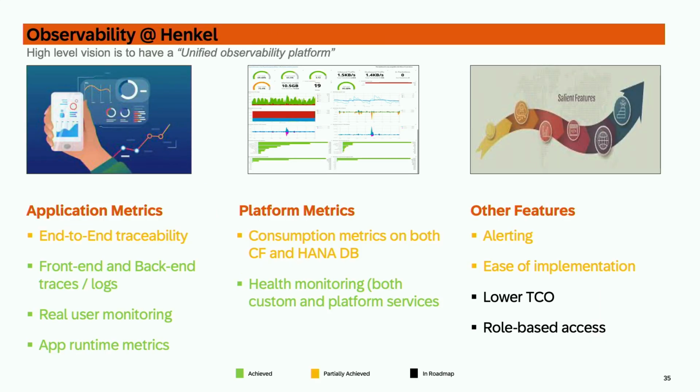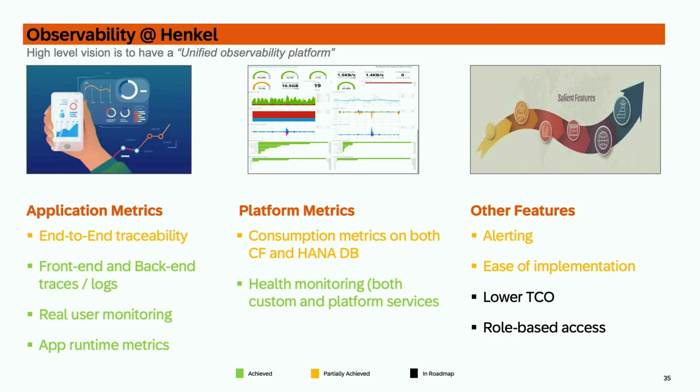We have created a blueprint on top of Cloud ALM, where we are collecting application metrics for end-to-end traceability. And as well, especially the real user monitoring is important for us, because our applications are running around the globe, and the runtime metrics are important.